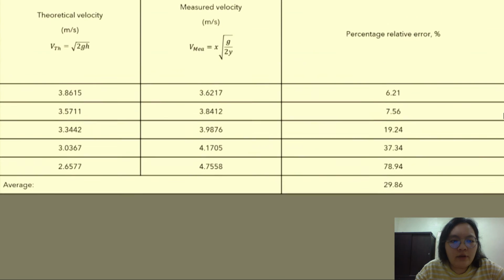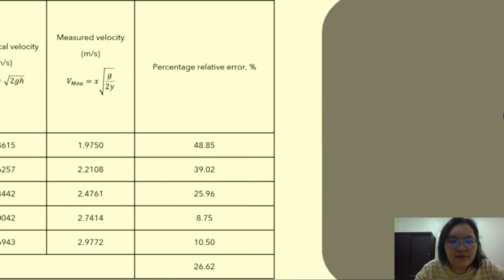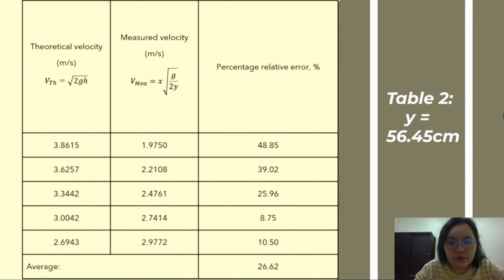The average relative error for table 1, where y equals 36.65 cm, is 29.6%. The average percentage of relative error for table 2, where y equals 56.45 cm, is 26.62%.